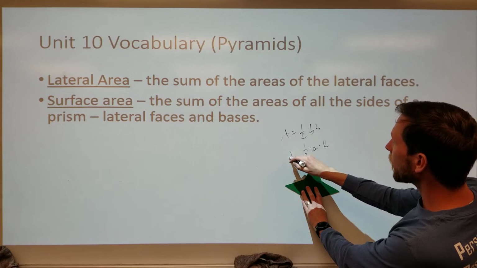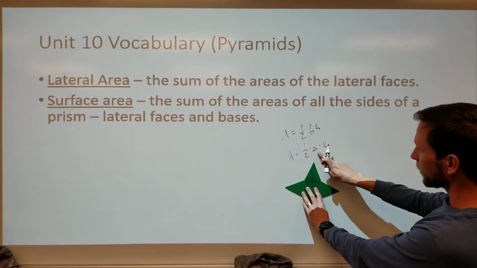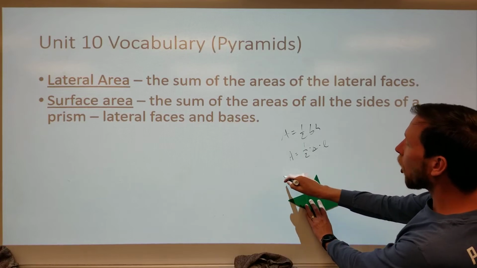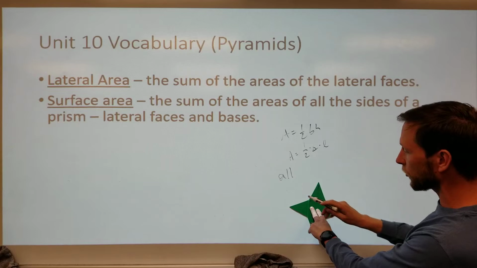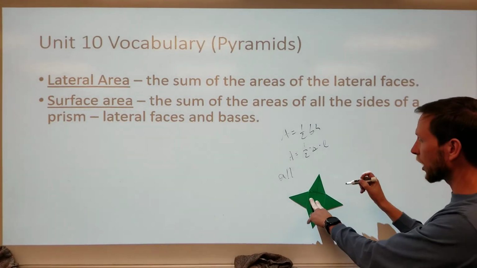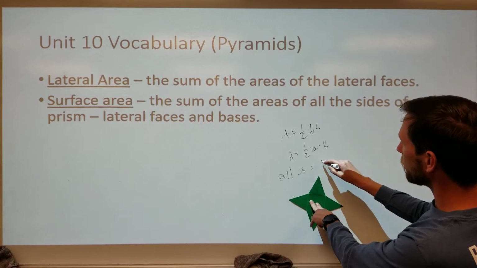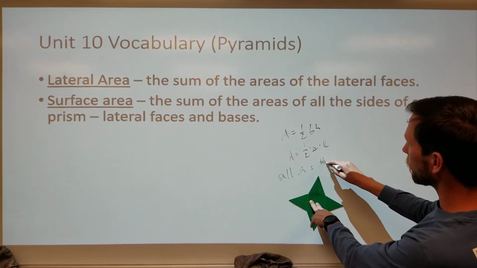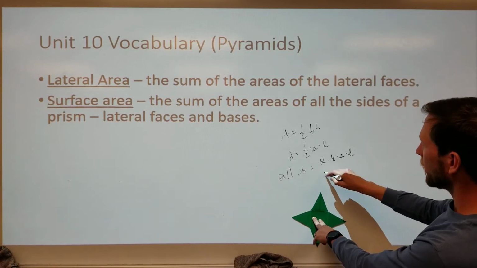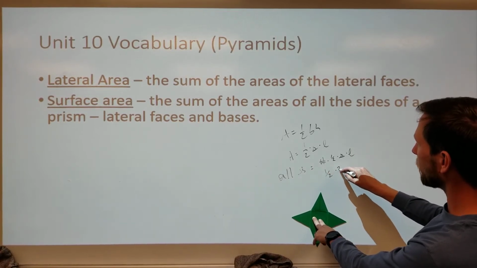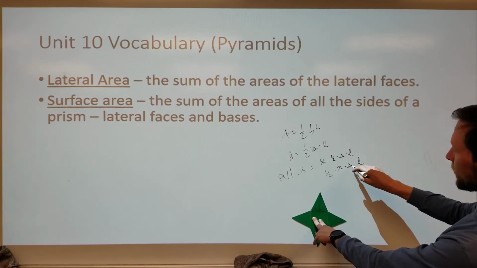So the area of one of these triangles is 1/2 times one of the sides of our base times the slant height. So for all four triangles here, or all three triangles in the triangular pyramid, the area is going to be the number of triangles times 1/2 times S times L, or in this case, 1/2 times N, the number of sides, times the length of each side.